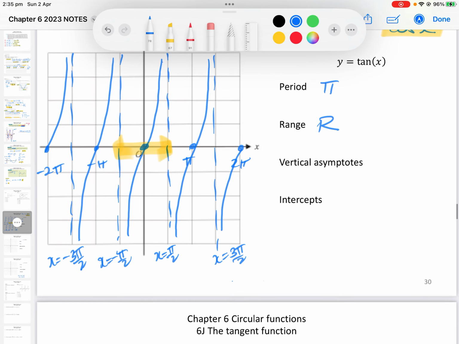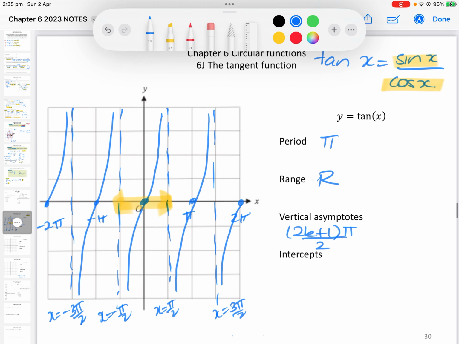change. So the formula we use is (2k plus 1) pi on 2. So what we're saying here is that if k was 0, we'd get (0 plus 1) pi on 2.